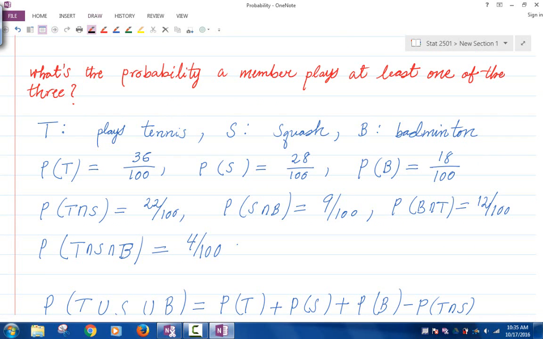So let's say event T means that a member plays tennis. Event S is the event that a member plays squash, and event B means that a member plays badminton.